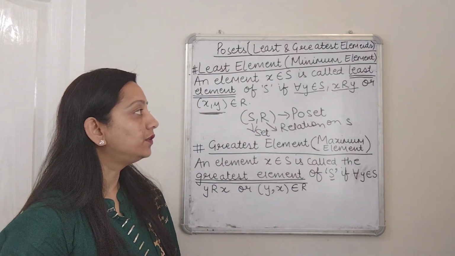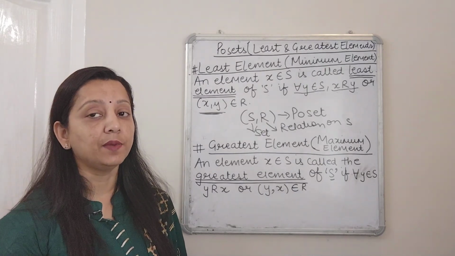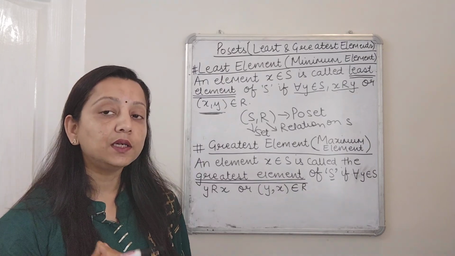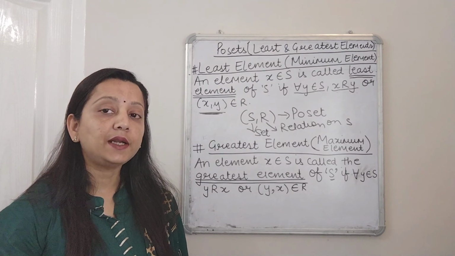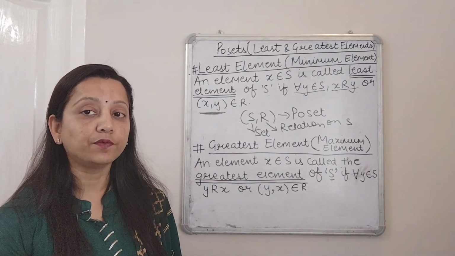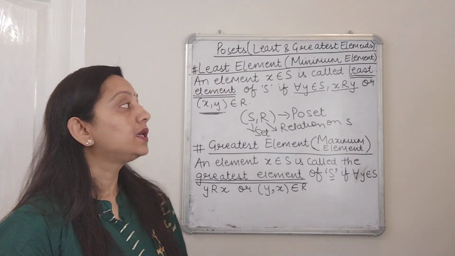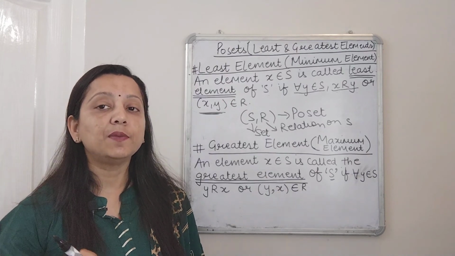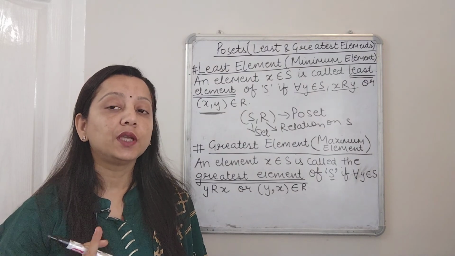So the summary of this is that a least element is that element which is related to every other element in the set, and a greatest element is that element to which every other element of the set is related. And if there is a least element or a greatest element in a poset, there will be only one such element.